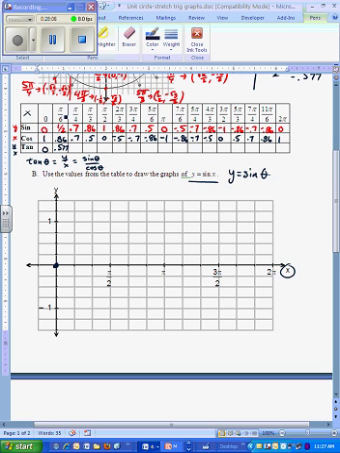Then the next point would be pi over 6, comma, 1/2. Pi over 6, remember, is splitting this thing into 6 pieces: 1, 2, 3, 4, 5, 6. So at pi over 6, I'm going to plot 1/2, which would be approximately there, and all you can do is approximate it.